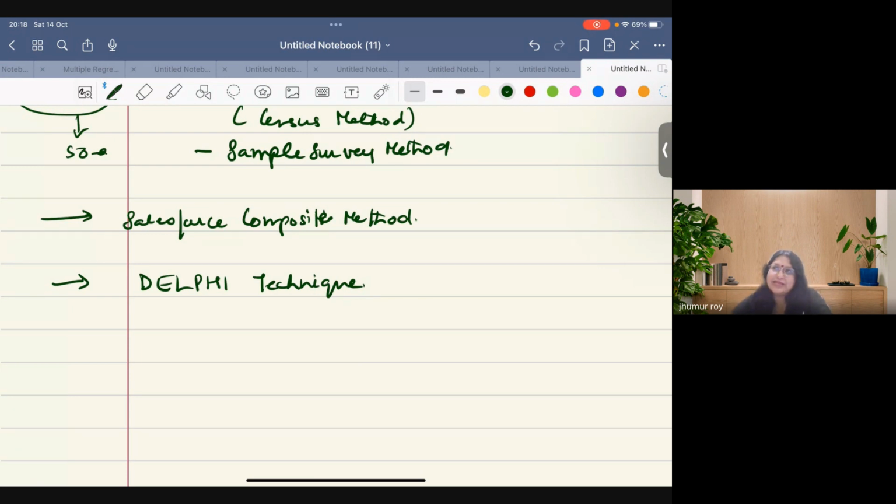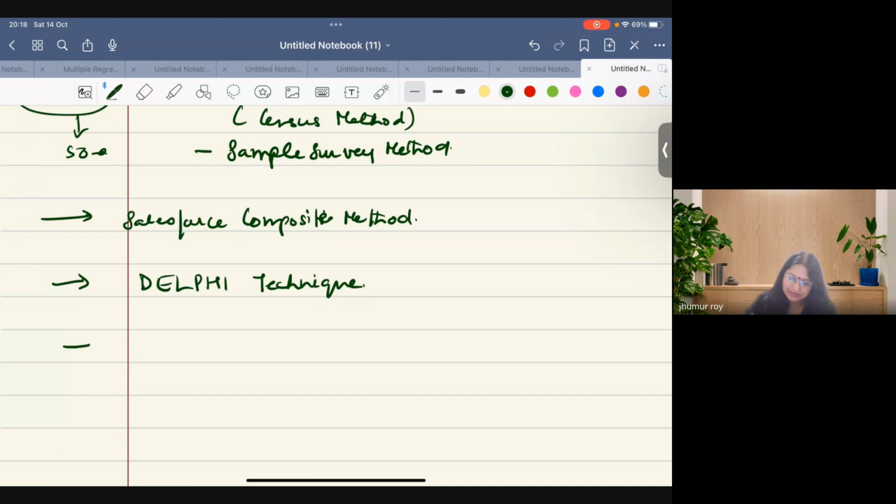So the Delphi technique, since we're talking about different consultants who are outside the firm, you can automatically make out that it is an expensive method. It is not something which everybody can keep doing. It is an expensive method for any particular firm to use.